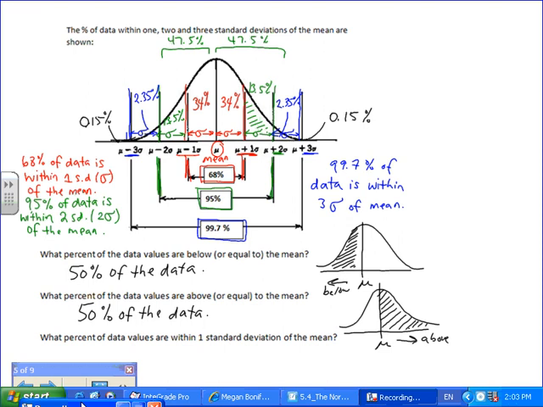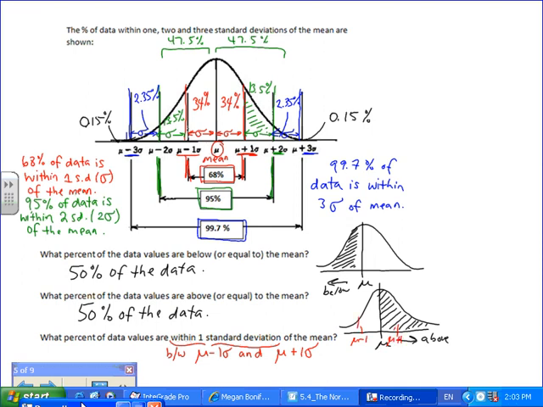So within 1 standard deviation means between the mean minus 1 standard deviation and the mean plus 1 standard deviation. That's what within a standard deviation means. On my graph, there's mu minus 1, there's mu plus 1.